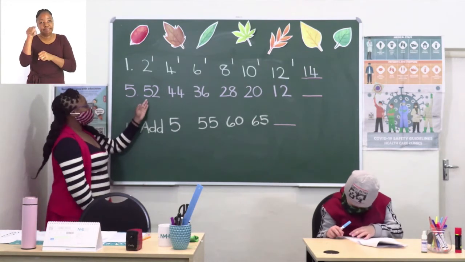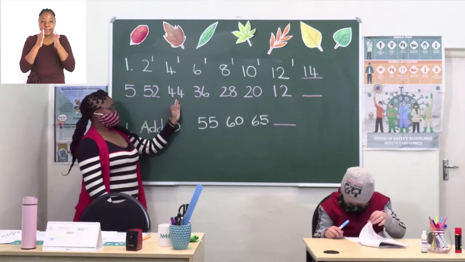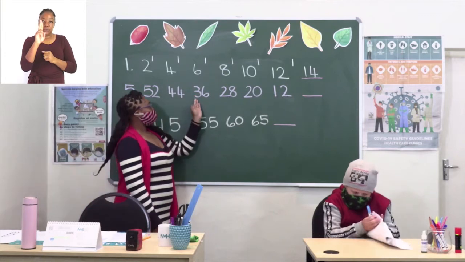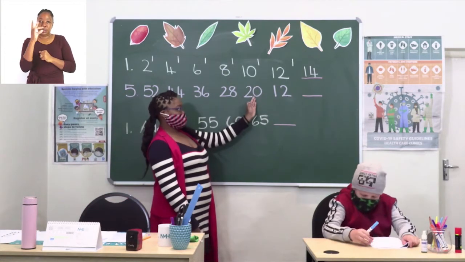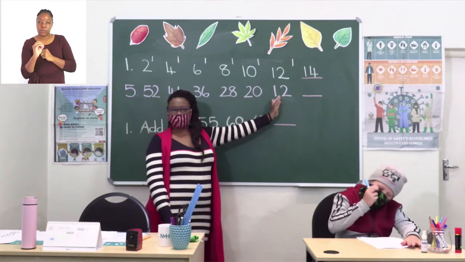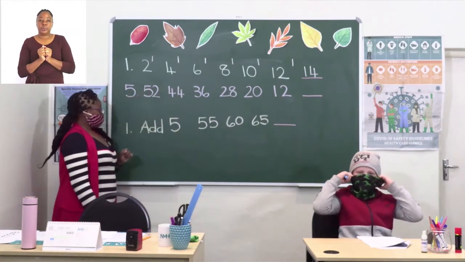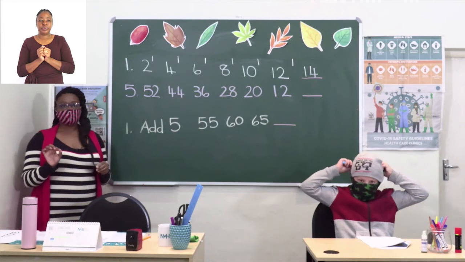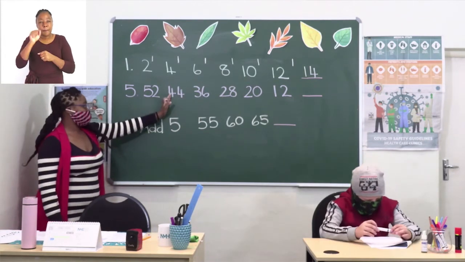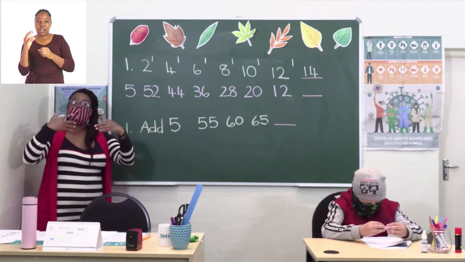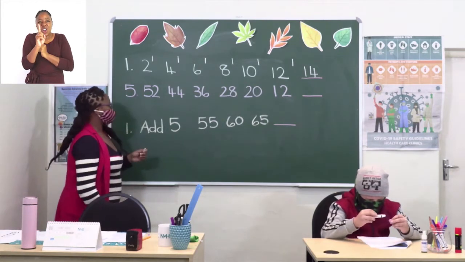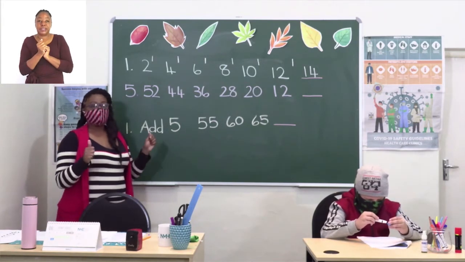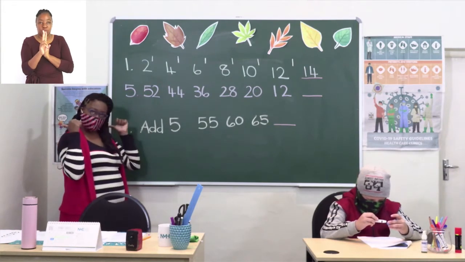So we have 52, 44, 36, 28, 20, and 12. Now, remember you need to count the numbers that are in between each number so that you can understand what the pattern is. Let us take a look at 52. And don't forget, we are counting backwards.